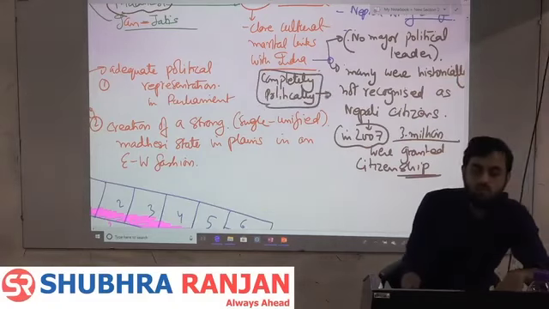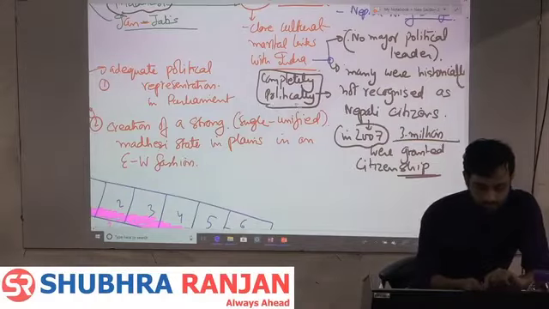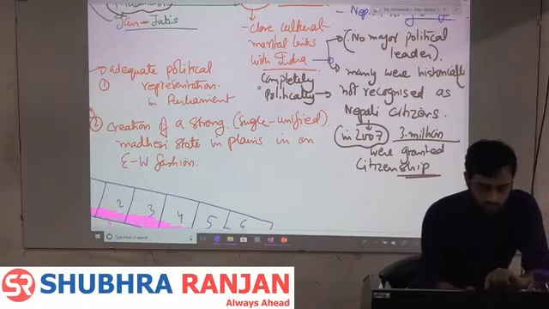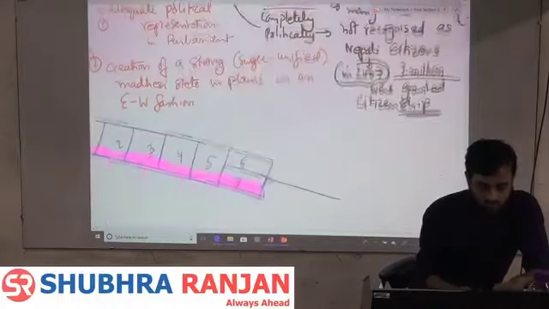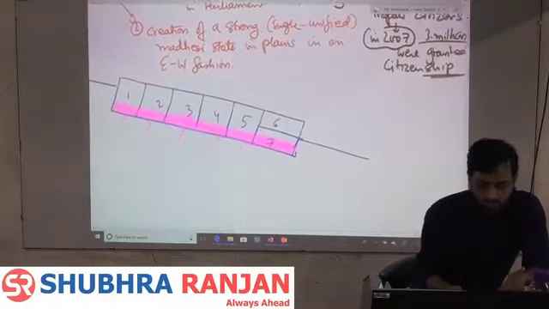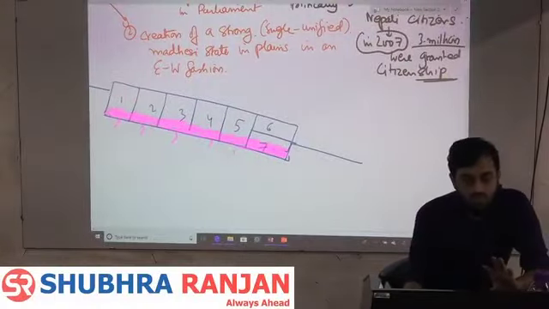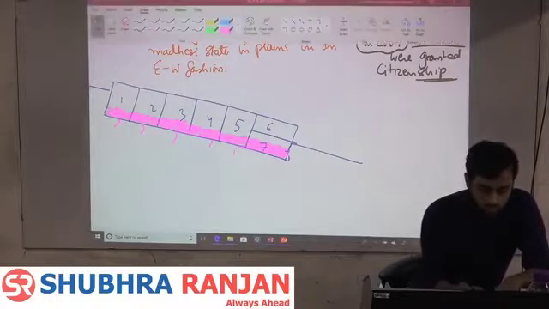So their demand is what? That they want a strong unified state. Politically and economically they are marginalized. They wanted a strong unified Madhesi state in the plains in an east-west fashion. However, when the states were carved, they were carved in a north-south fashion.